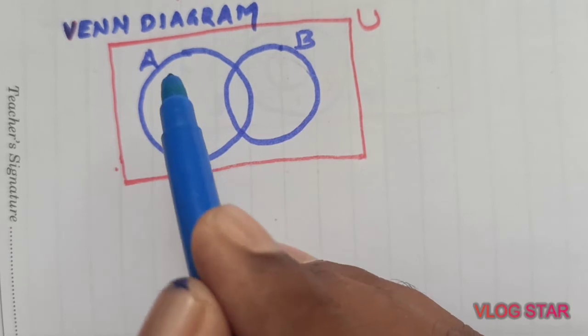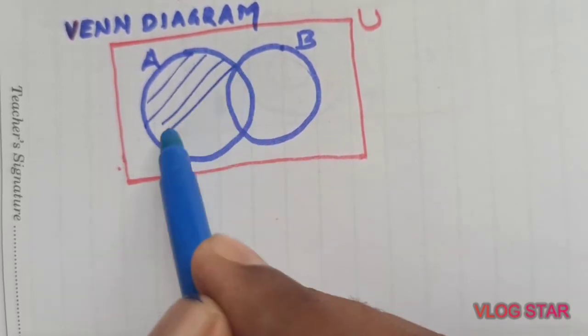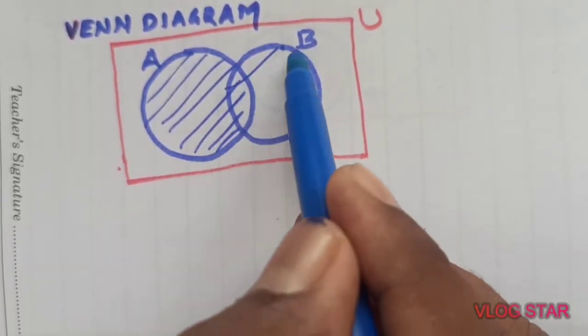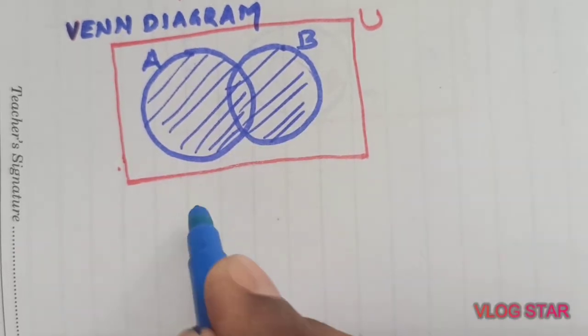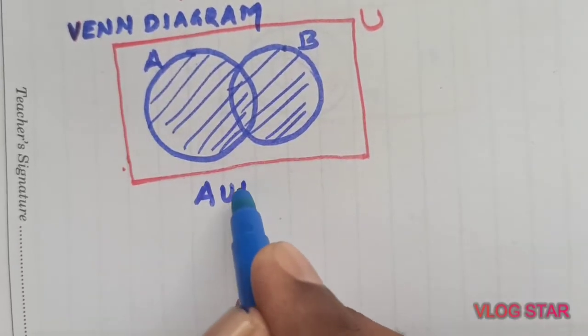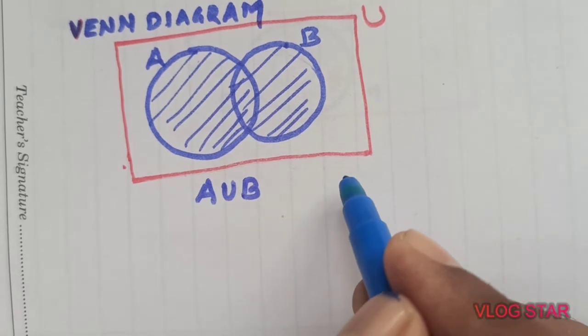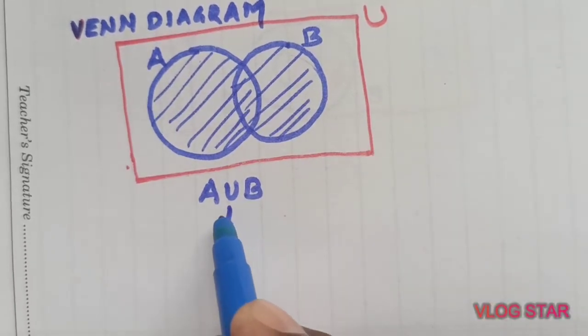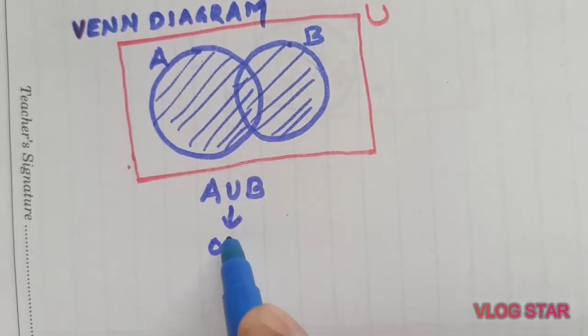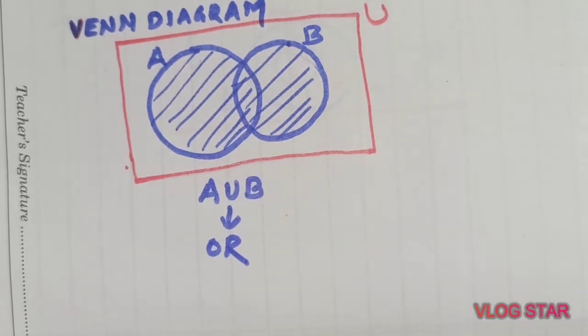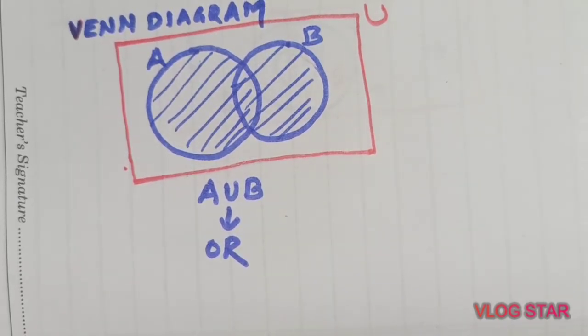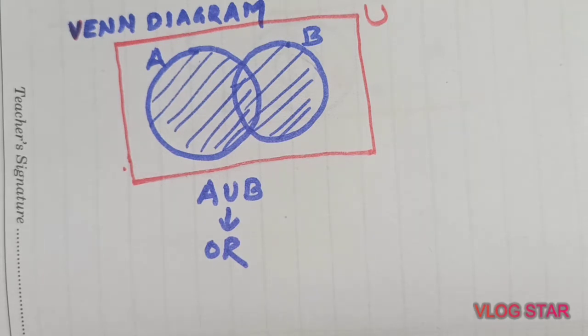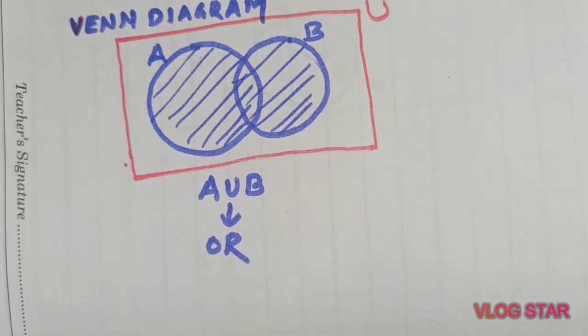So union can be highlighted as this entire region. So this is A union B. We read x belongs to union as associated with the word or. It is optional, either A or B, or sometimes in both, like if you are going to choose subjects, maths, bio, or both.